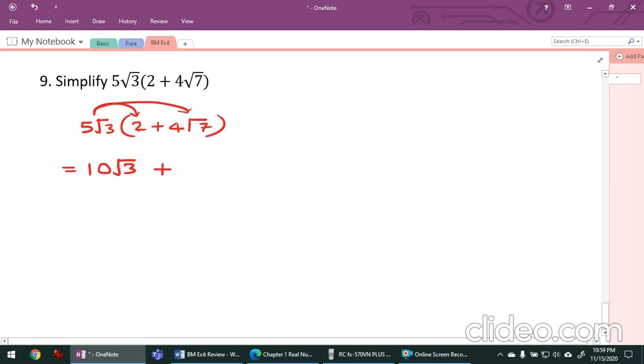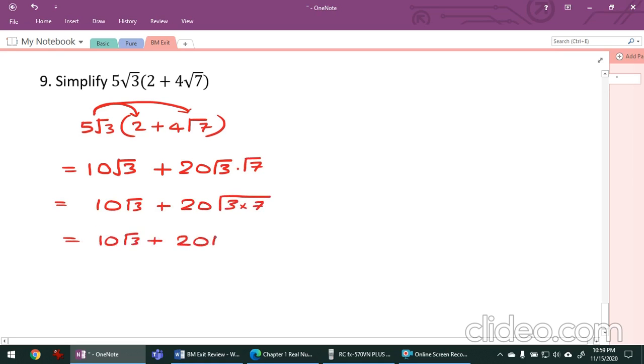So what is 5 into 4? 5 into 4 is 20. Then you have root 3 into root 7. Okay, you have 10 root 3 first plus 20 is there here. You have root 3 into 7. That means 10 root 3 plus 20 root 21 first.